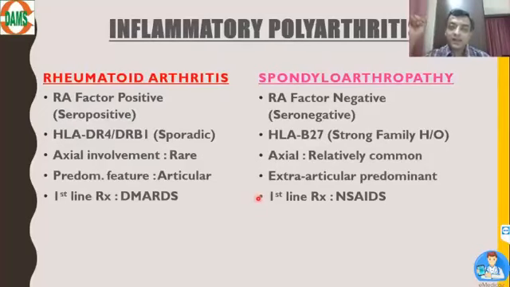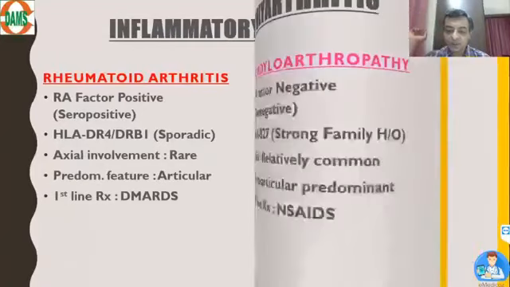So if an arthritis patient comes to our clinic, polyarthritis especially, it is likely to be RA. But if it is not RA, it can be SPA. So to suspect the disease we are dealing with, remember these points because the treatment is different.